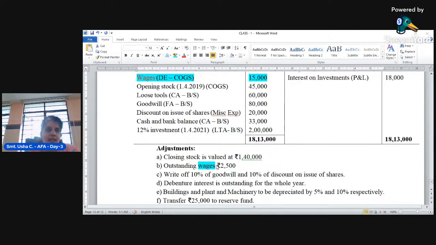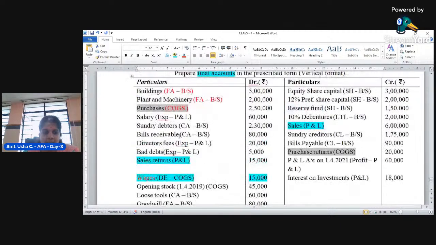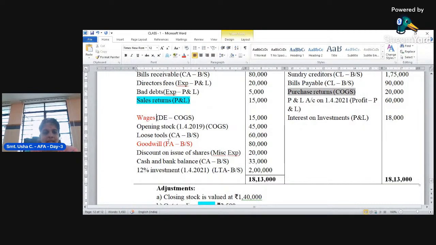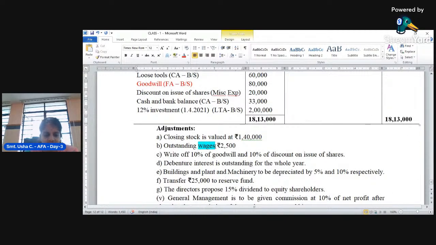Look here, there is a goodwill amount given in the trial balance. This is an item of goodwill. I'll mark it in red, so that all the red items are considered adjustment items.